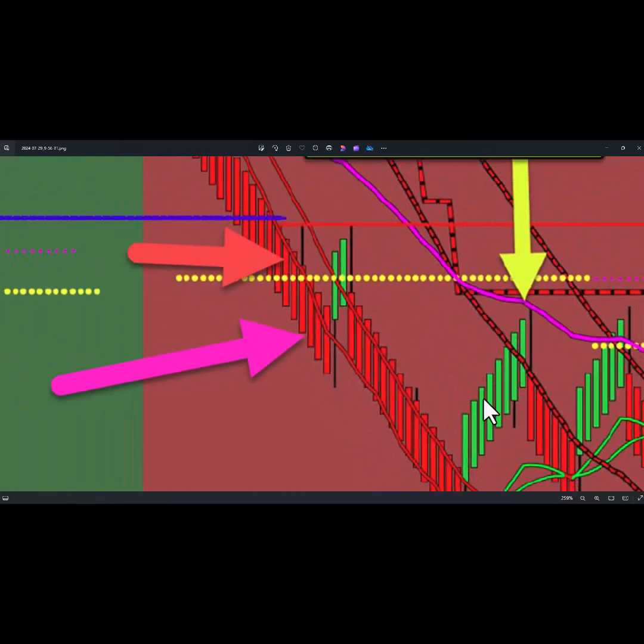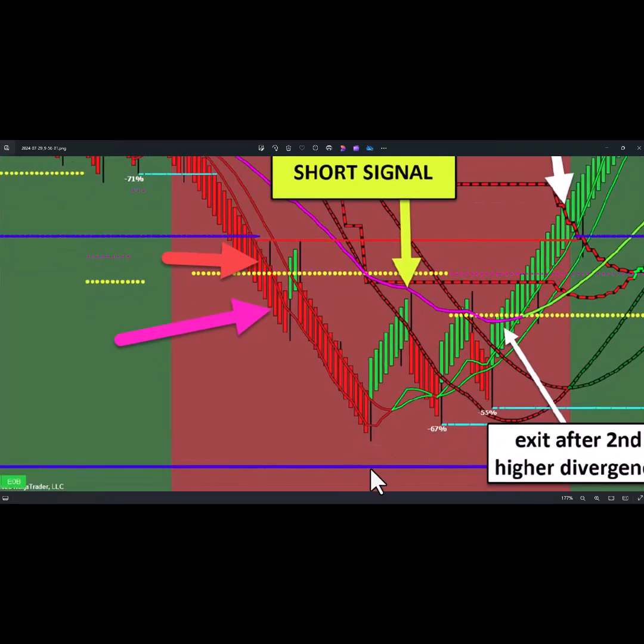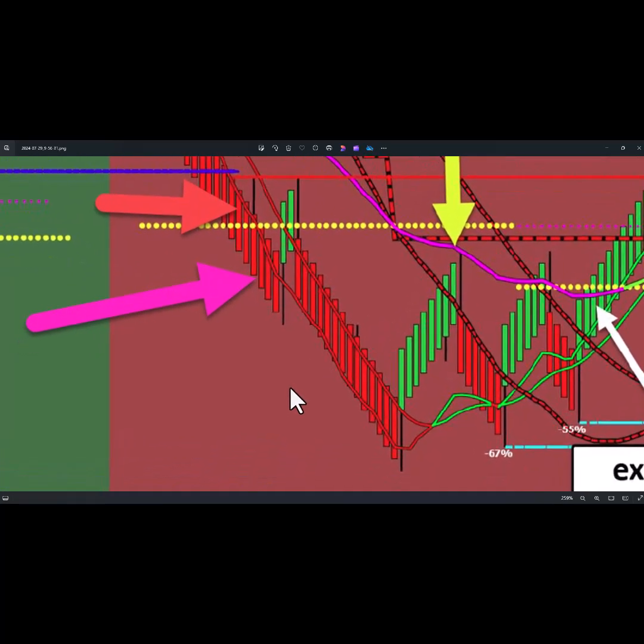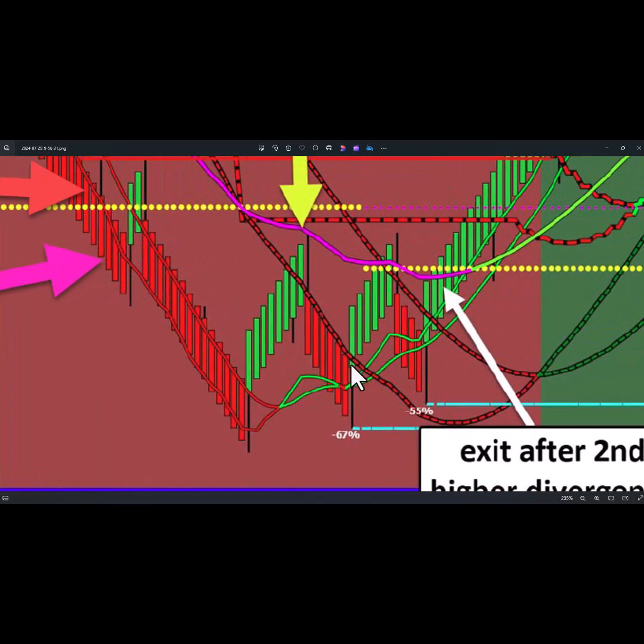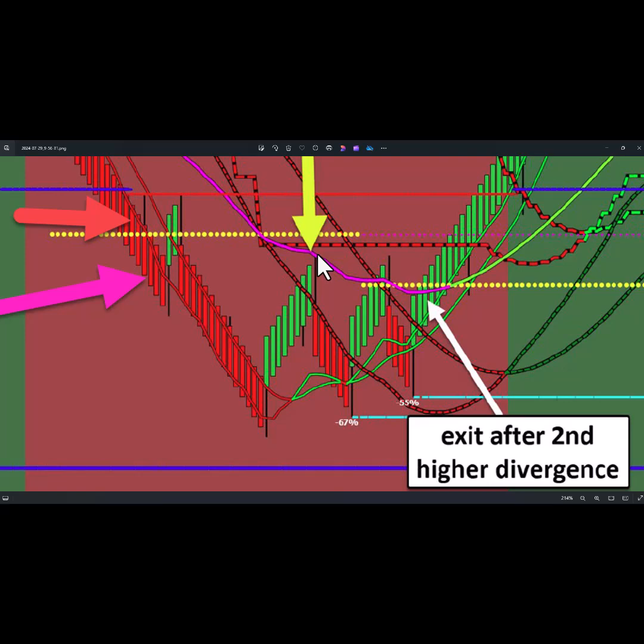So if you were holding on for the whole home run down to here, you don't get it. But if you manage your momentum trade correctly and get in here somewhere and then get out here, you can't lose money. You can, but you shouldn't. And then it sets you up for your trend trade, right? And then you can take a trend trade.